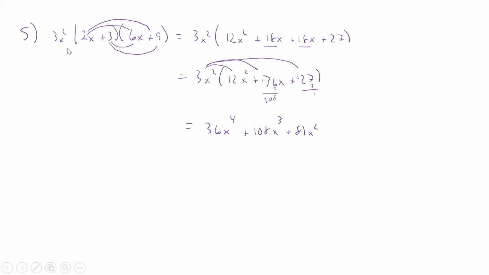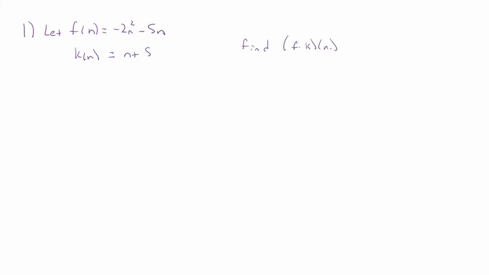Then let's do one last example, and this one's going to be with the two functions multiplied together, basically. And so let's say we have let f of n equal negative 2n squared minus 5n, and let's let k of n equal n plus 5, and we want to find f dot k of n, which is basically f of n times k of n.